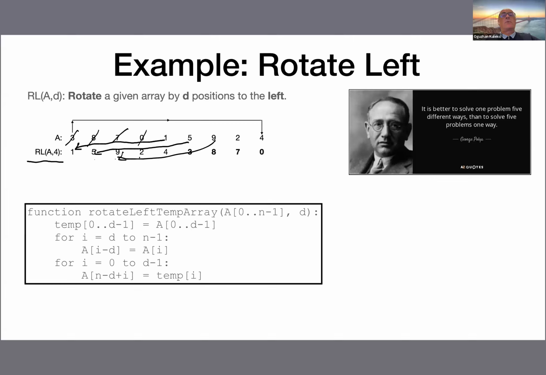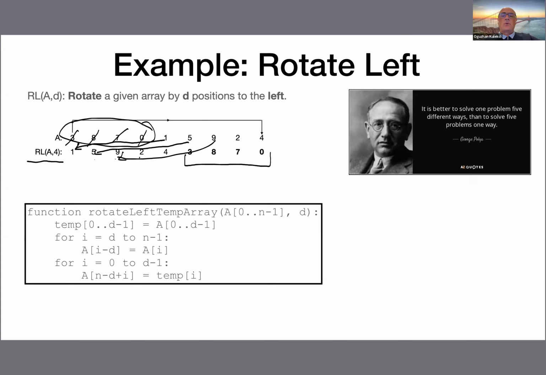So that is good. But what will happen? So the first D elements should be saved, should be stored in an auxiliary space. Why? Because we will be overwriting them, and at the end, I want to insert them to the vacant D positions that will appear at the right of this array.